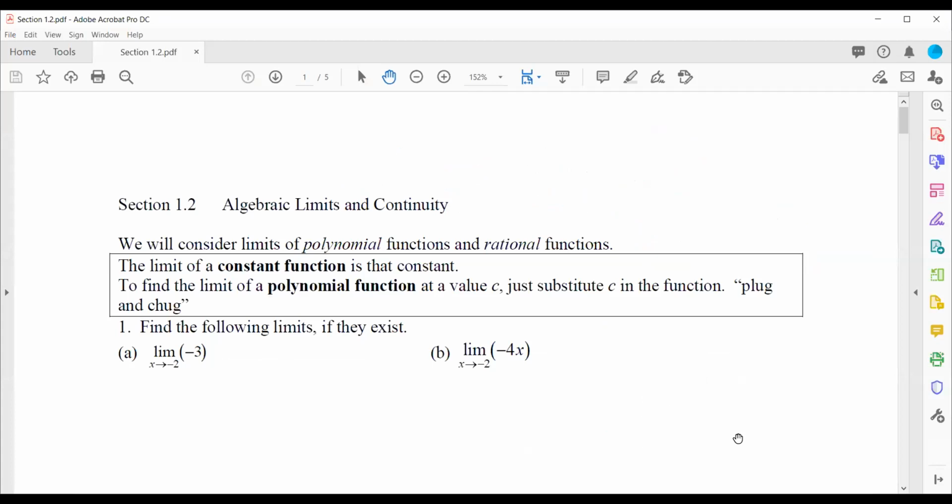You probably feel a little bit better about some of this stuff because here I can give you rules for finding limits. All right, this says we'll consider limits of polynomial functions and rational functions, and also piecewise functions.